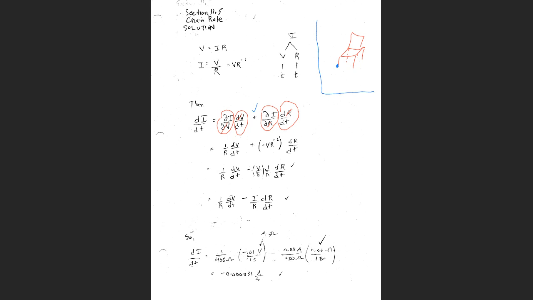Let's say there's just one wobbly leg. Would you agree that the chair's wobbling is dependent just on the one leg, and that the rate at which the chair wobbles is dependent on the rate at which the one leg wobbles? Would you agree with that?